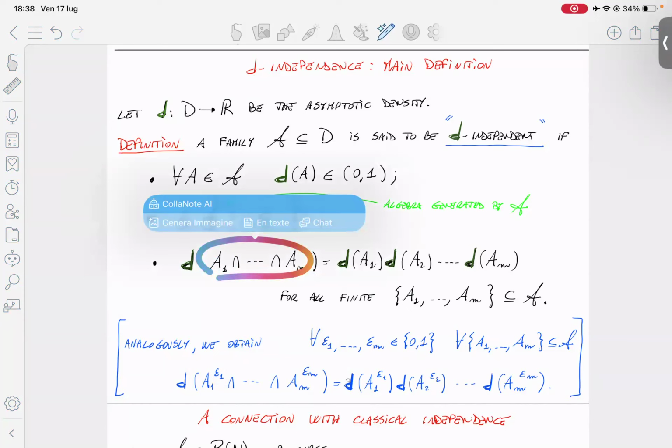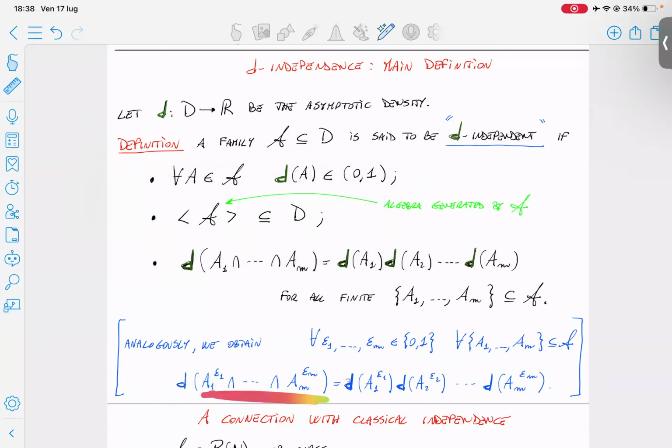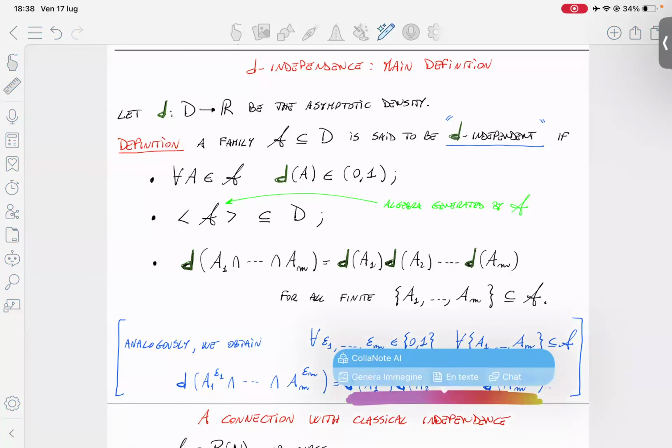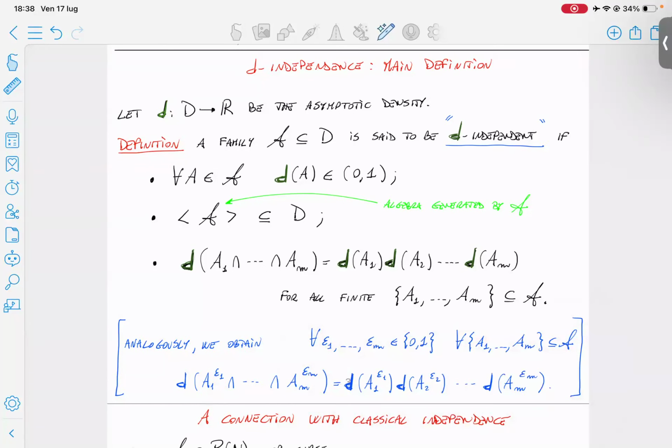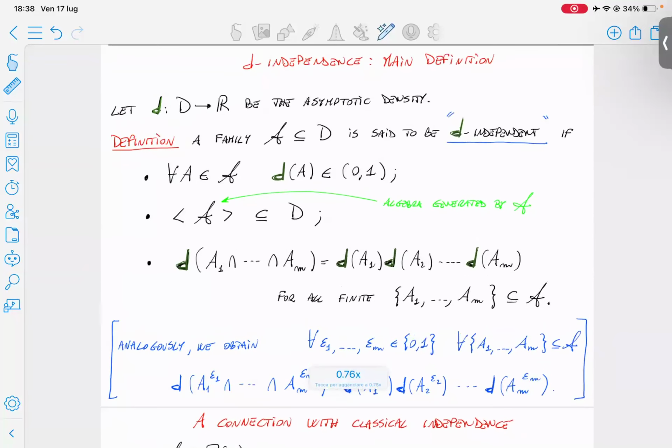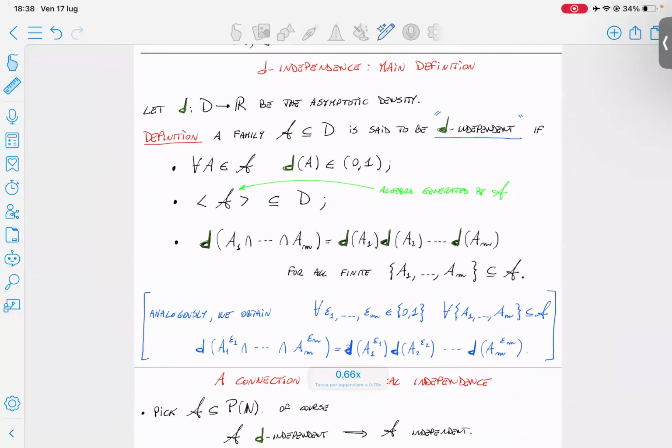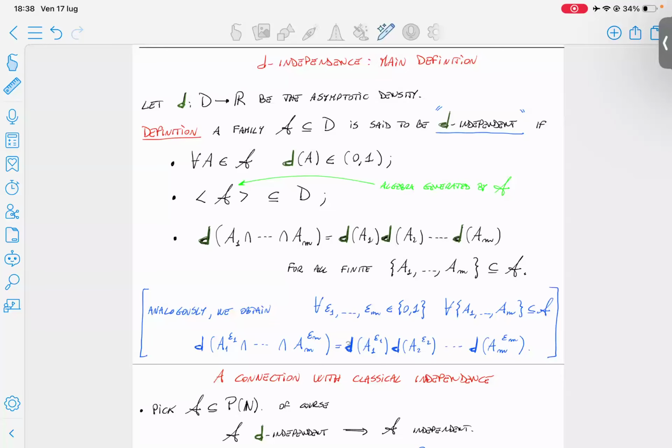And we obtain that the density of the intersection, whatever the exponents, 0 and 1, on the finite subfamily, is equal to the product of the, let's say, probabilities, which is replaced by the asymptotic density of the sets with exponent from epsilon 1 to epsilon n. Now, this is the main definition. What we are going to do in this presentation is to study the structural properties of families which are independent with respect to the asymptotic density.